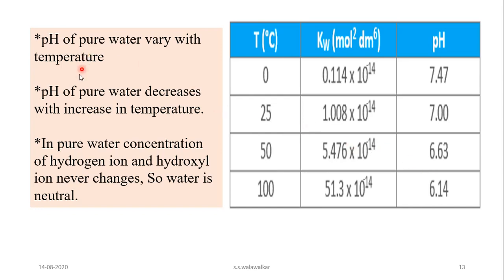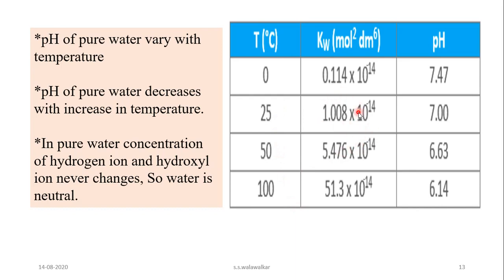So here the pH value of pure water decreases with increase in temperature, and in pure water the concentration of hydrogen ion and hydroxyl ion does not change. So water is neutral. But what happens when temperature is increased?